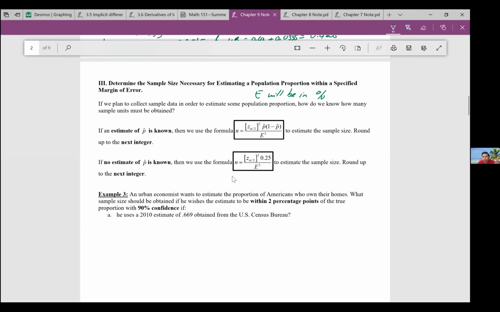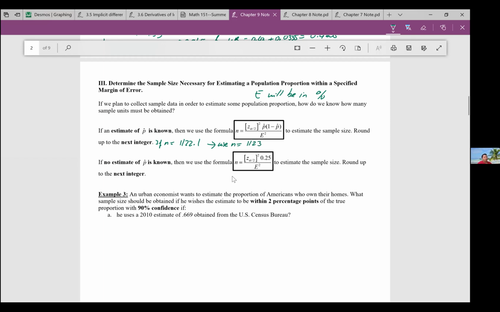Okay, so we have to depend on two situations. Do I know p-hat in advance, or do I not know p-hat in advance? And then we always round to the next integer no matter what. For example, if n equals 1122.1, we will use n equals 1123, no matter what, okay?